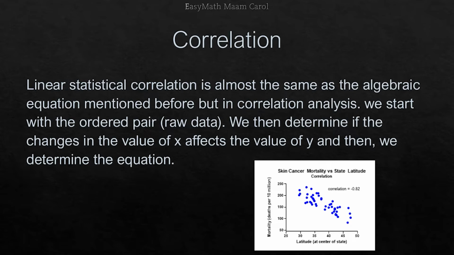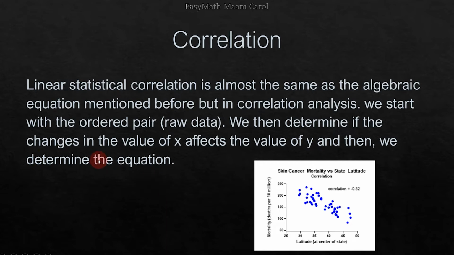That's why gumagawa tayo ng ganitong analysis because we want to discover if there is actually a relationship between x and y. So, we start always with the value ng x at saka yung value ng y. Independent and dependent variable. Then we determine if the changes in the value of x affects the value of y. And then we determine the equation.